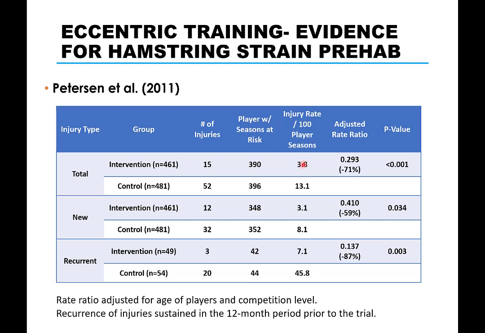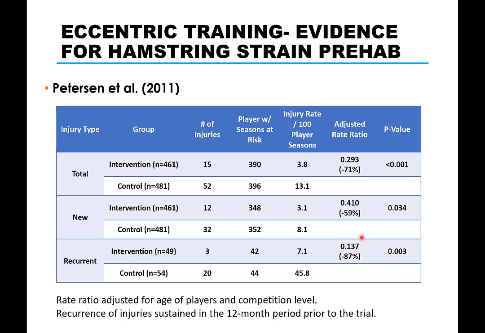The adjusted rate ratio, which denotes the change in injury risk, was negative 71%, which indicates that hamstring injury rate decreased by 71% with eccentric overload hamstring training as part of a comprehensive prehab program. For new injuries, the intervention group had a 59% decline in injury rate versus control, and for recurrent injuries, there was a decrease of 87% in injury rate.